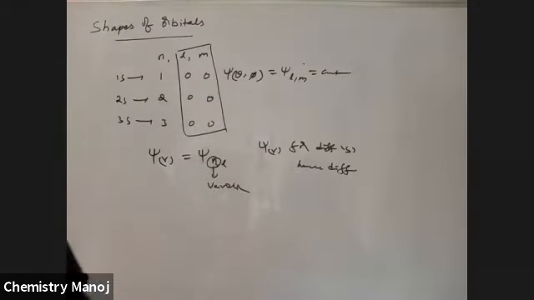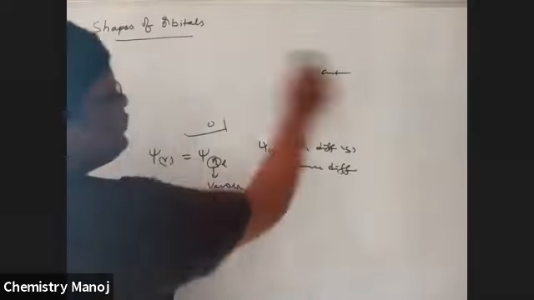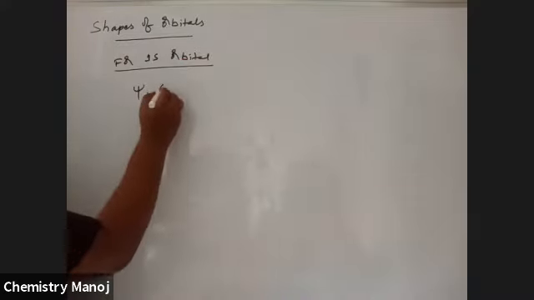Now I am going to represent the psi R values for the 1s and 2s orbitals. See here. Radial probability for S orbital. For the 1s orbital, psi 1s R, that is psi N L R, for 1s is 1 comma 0.